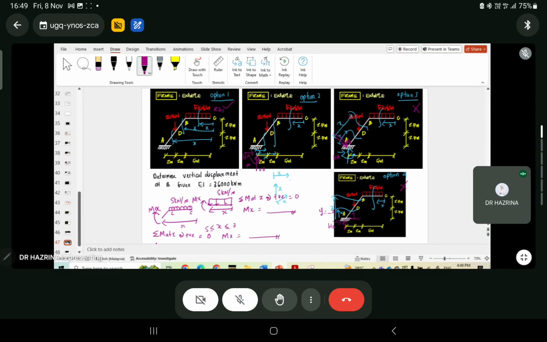So what I'm trying to say, you have option 1, option 2, option 3 dengan option 4. So among all these option, okay, the fastest way for you to solve this question is by go to option 1. Because option 2, option 3, and option 4, you can do it, you can go for it. Some students, they love option 2.